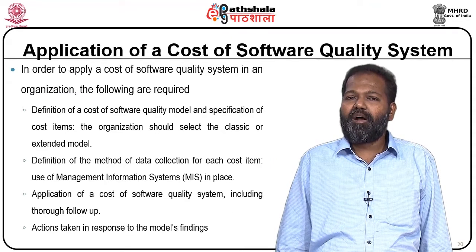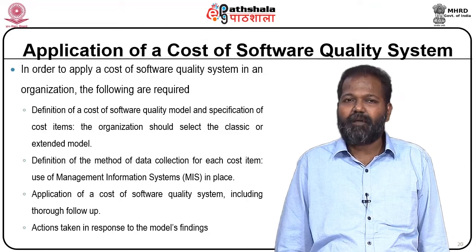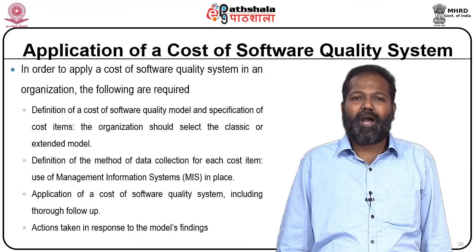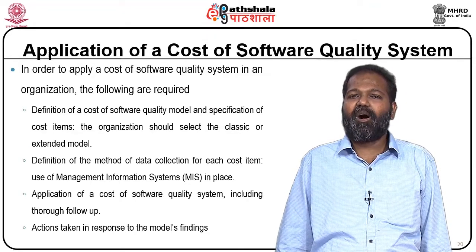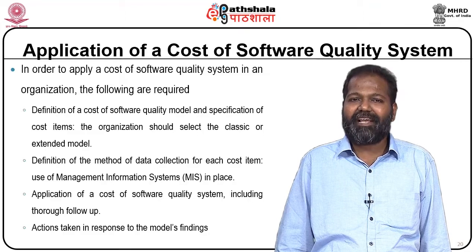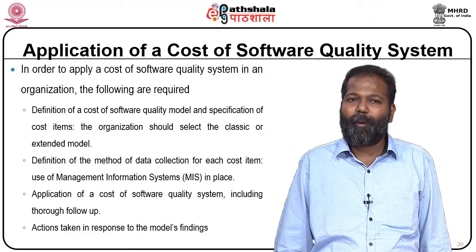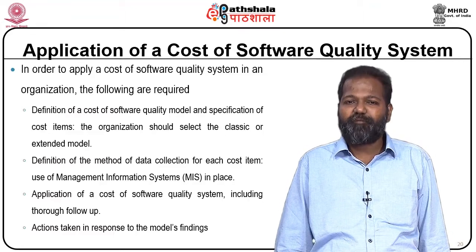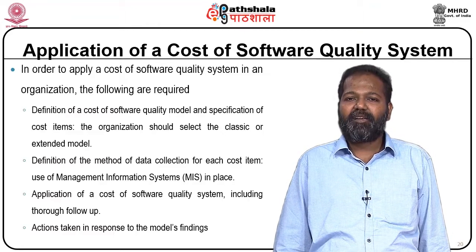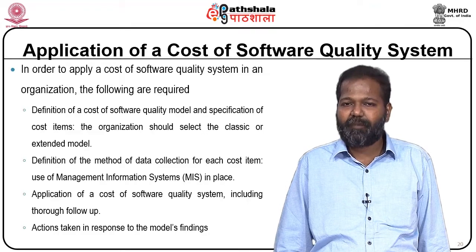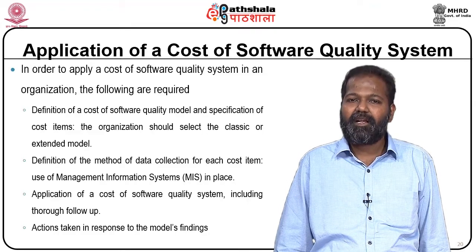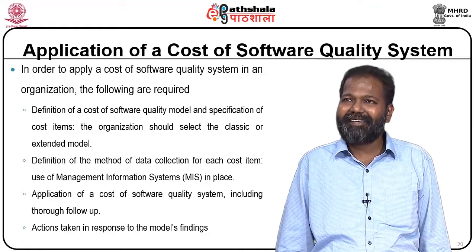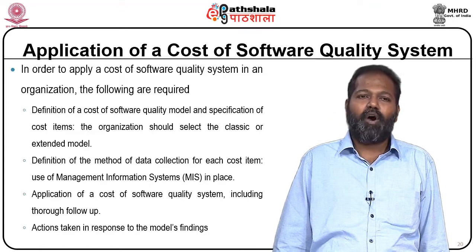Application of a cost of software quality system. In order to apply a cost of software quality system in an organization, the following are required: definition of a cost of software quality model and specification of cost items. The organization should select the classic or extended model.